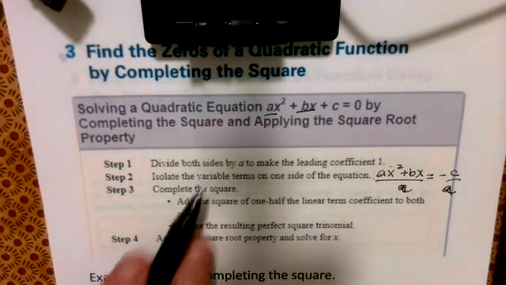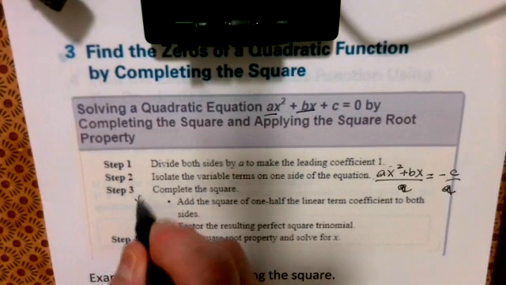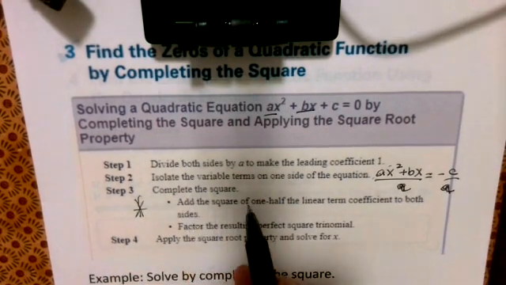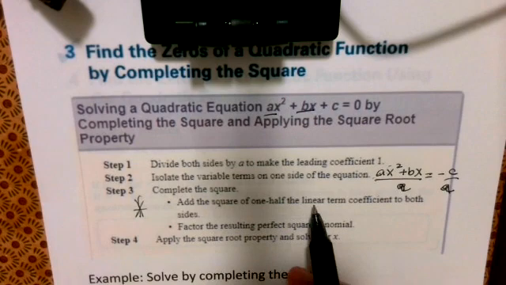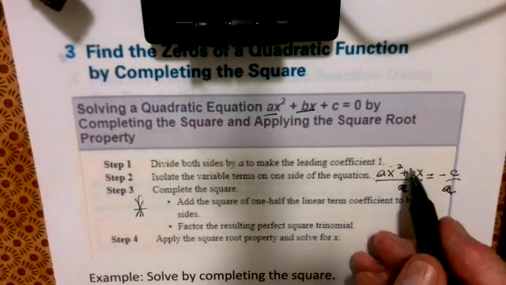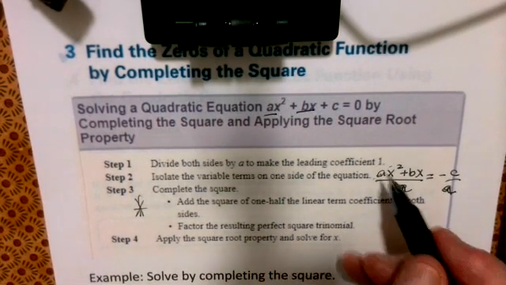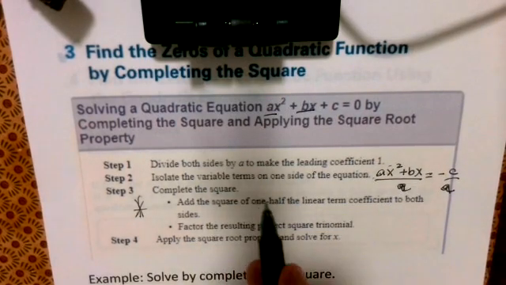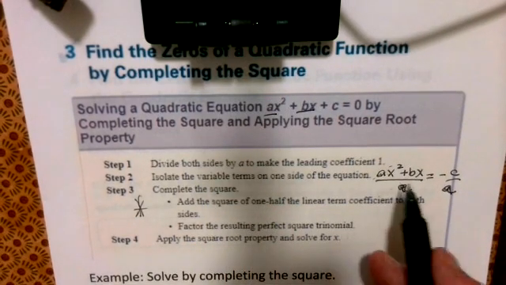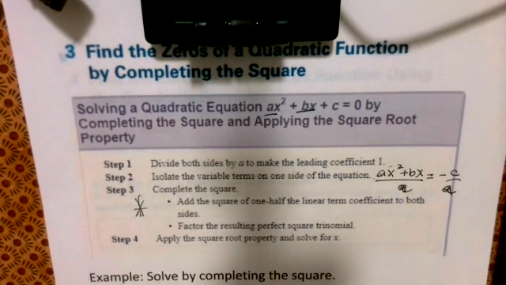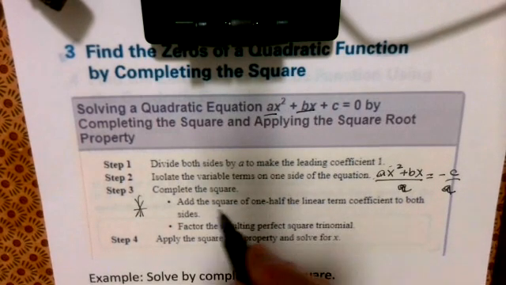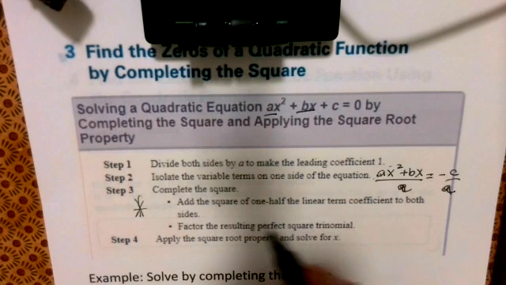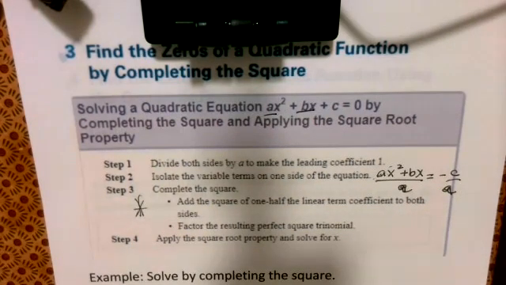And then what you're going to do is what's called completing the square. So you take 1/2 of whatever this middle coefficient is, the B over A. So you actually divide that by 2, and then you add it to both sides. And then you factor, and it's going to be a perfect square trinomial.